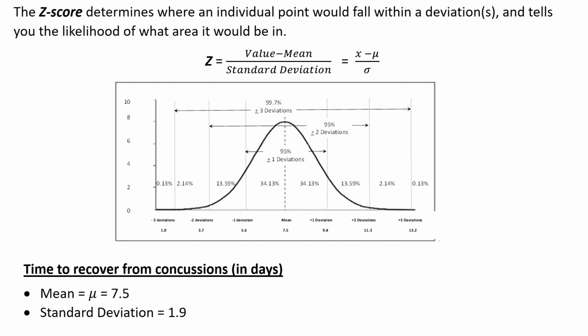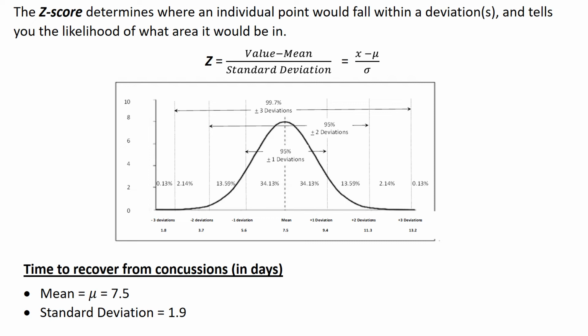So, if I was looking at how long it takes someone to recover from a concussion, as this is a big thing going on in a lot of sports right now, how long does it take? We could find out, we give them the data that the average person recovers in 7.5 days, and there's a variation, which is actually standard deviation of 1.9 days.